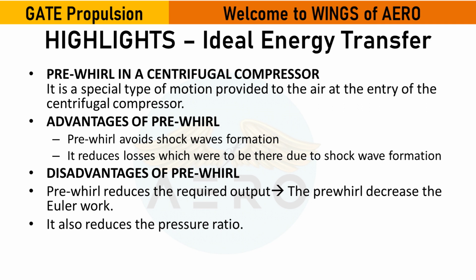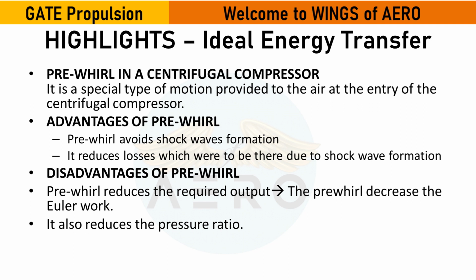Now what are the disadvantages of using this? The overall Euler's output is slightly reduced, and due to that the output and the pressure ratio also decrease because of this pre-whirl configuration. Any kind of technology plays a dual role, like two sides of a coin.